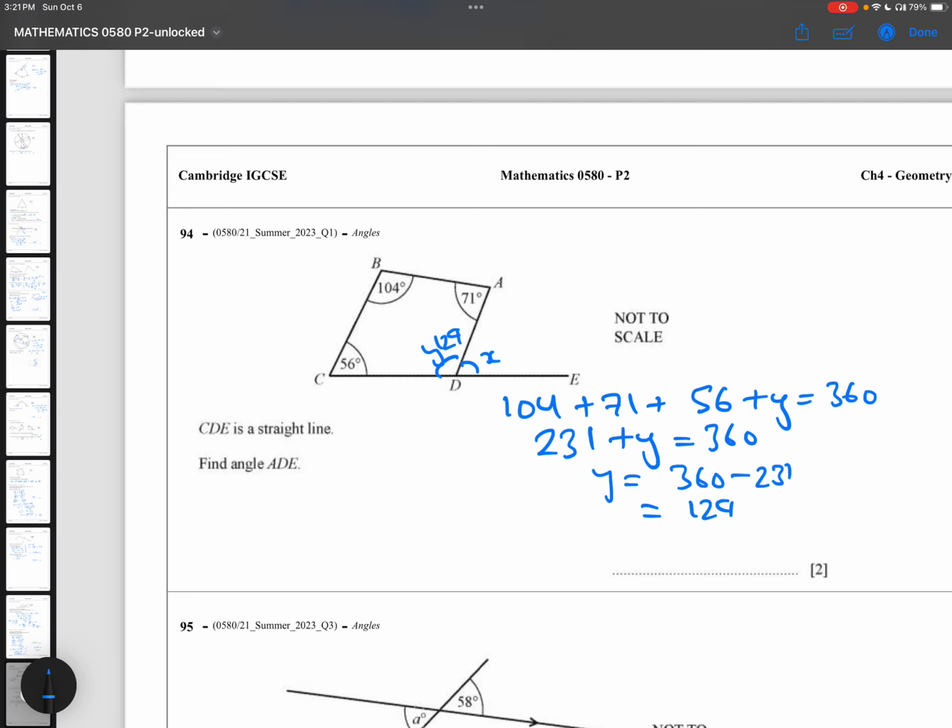This 129 and x that we need to find are angles on a straight line, so when we add them, we will get 180. Now 129 will be subtracted from 180, and I will get 51. That will be equal to angle ADE. This is my answer.